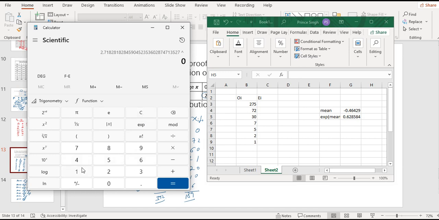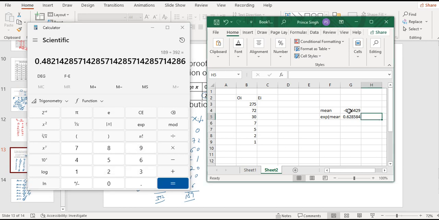Okay, wait. 189 divided by 392, so it is 0.48, but it is showing a different value.